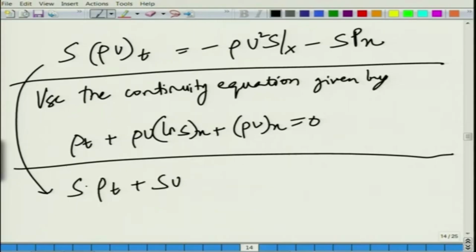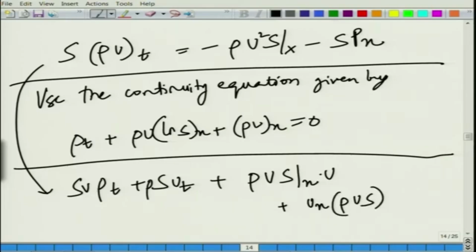Here you get your u and rho and t. Okay. We transpose these terms to the right hand side and get rho u times s evaluated at x times u plus u x into rho u s, and here of course we get your s times p x.